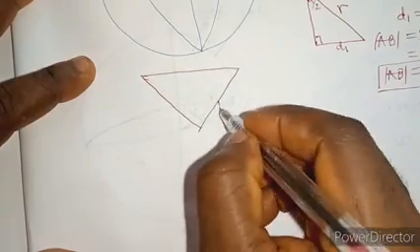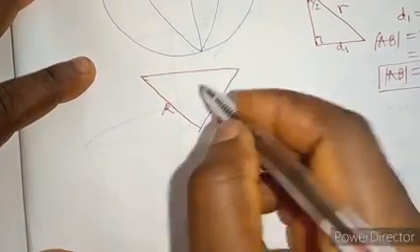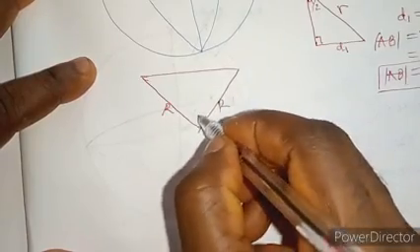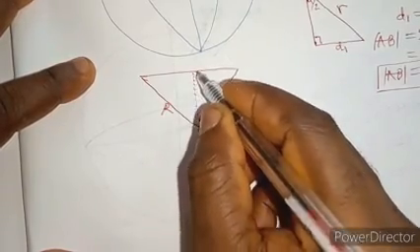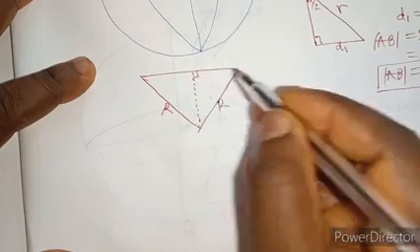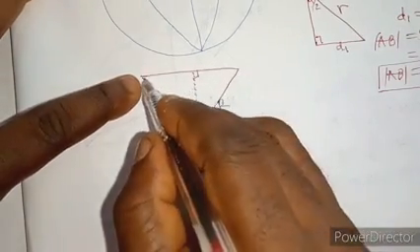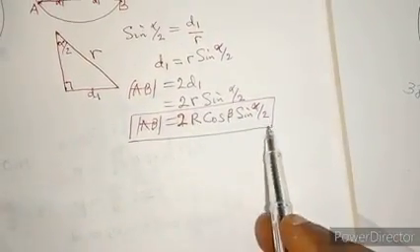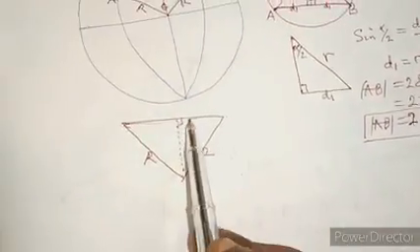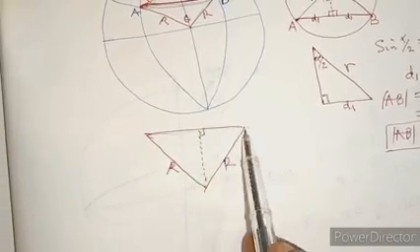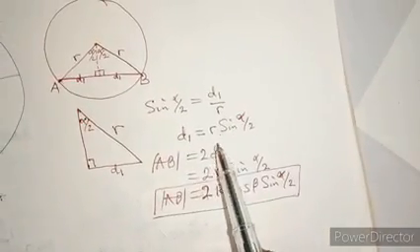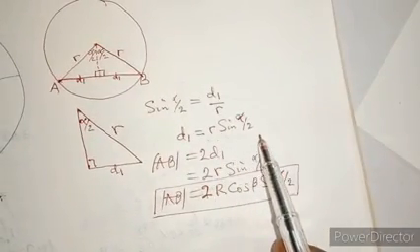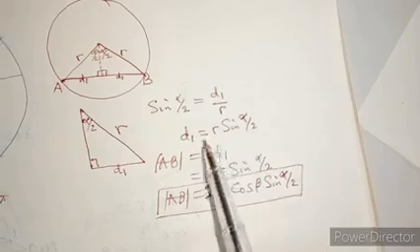Where this is capital R, capital R. If I divide this, so this whole thing, we got it the other time to be this, but from the half of it, we got this. We got half of it, D1.